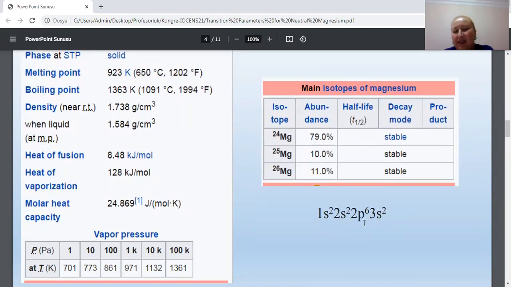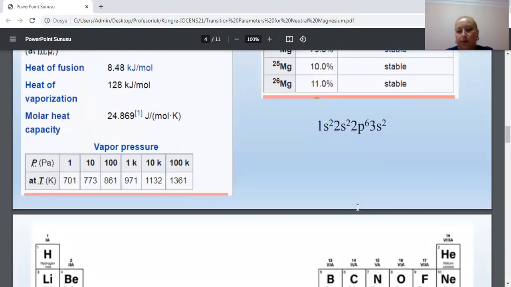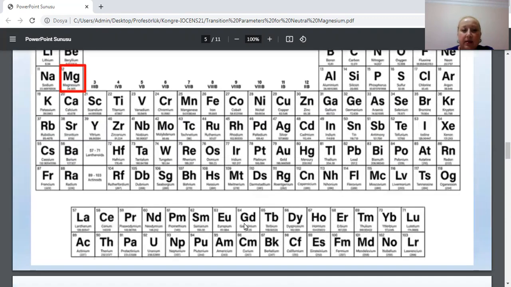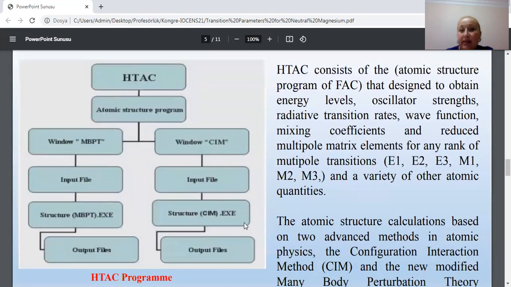You can also see the electronic configuration, 2262, and in total 12 electrons. In the periodic table, you can see magnesium in group 2, 2A. So 12 is the atomic number.